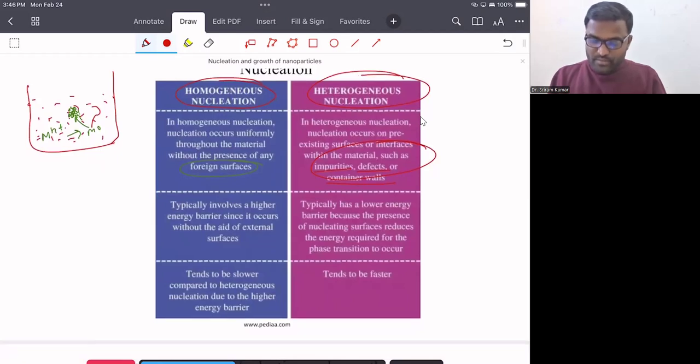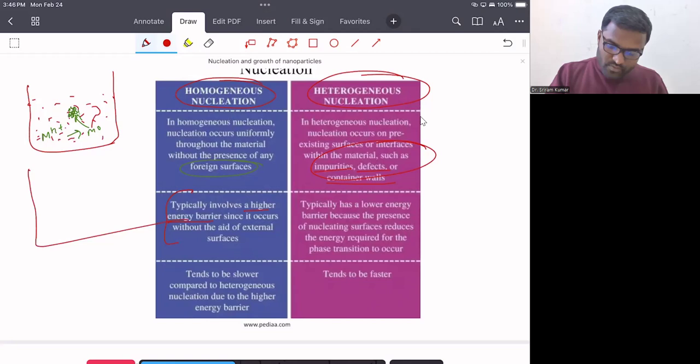Based on the growth of the nucleation, we have an energy difference between homogeneous and heterogeneous nucleation. For the homogeneous nucleation, we always have a higher energy barrier as compared to the heterogeneous nucleation. If you want to understand the process here, this is the homogeneous nucleation, and the second is the heterogeneous one.